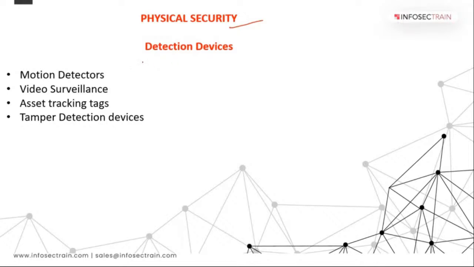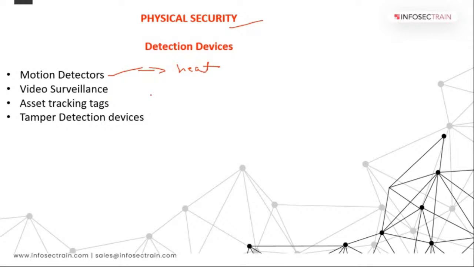Now, in physical security, what we have, guys, we have detection devices. Now, what detection devices we have? Motion detectors. Now, motion detectors will detect the heat, right? So, if heat will be changing in front of them, then what will happen? They will alert the administrator. Clear? What else? They also work on not only heat but microwaves, right?